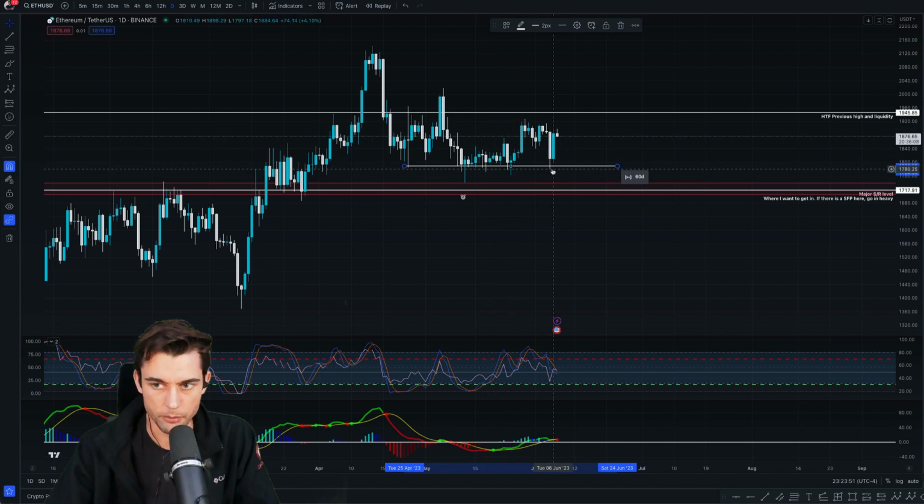Anytime it fell below $1,790, people were buying it up. So that means I think there's a lot of buyers within this entire area, and if it comes back down here, we'll see what happens again.